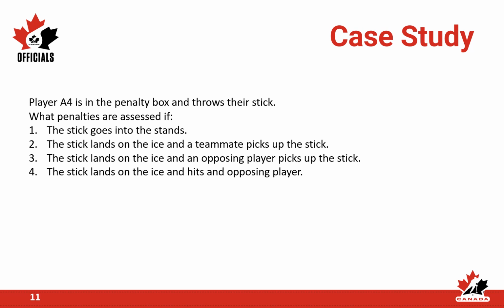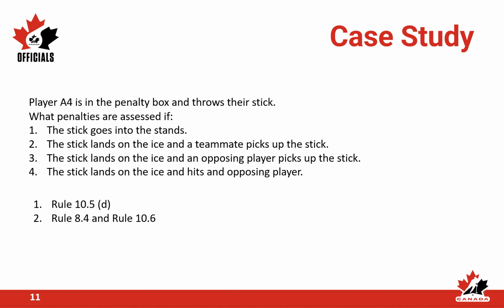All situations start out the same, have a little bit different impact, and likely have different rule references. So for our first example, it would be Rule 10.5D, which would be a misconduct penalty. Our second example, Rule 8.4 and Rule 10.6.